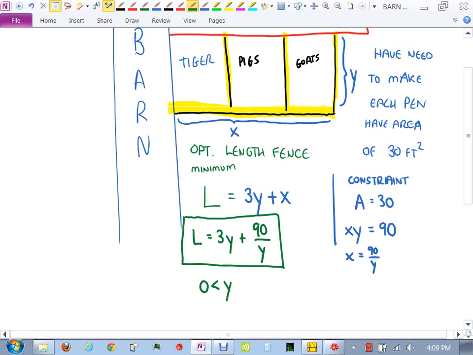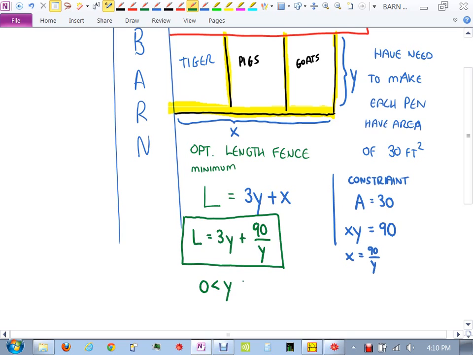I'll either come off the edge of the barn, in which case all the geometry changes, or the goats and the pigs, like I can't put them in a 3-inch narrow pen and have it be like 50 feet long. You know what I'm saying? Can't have that happen.